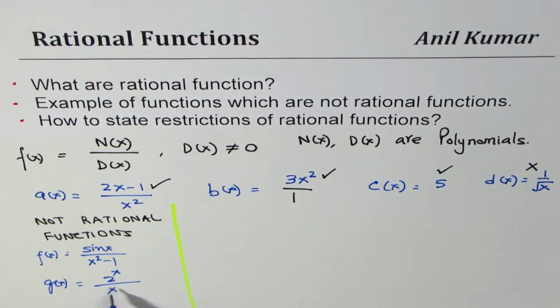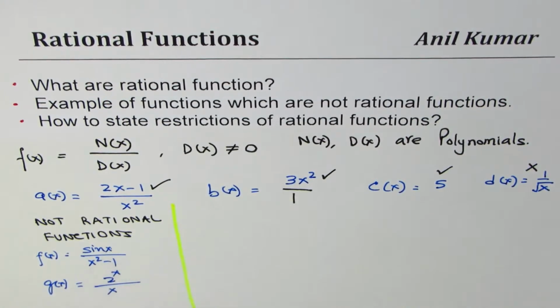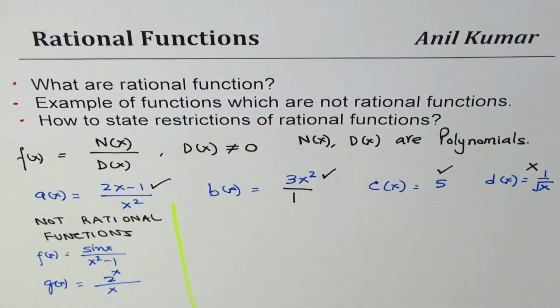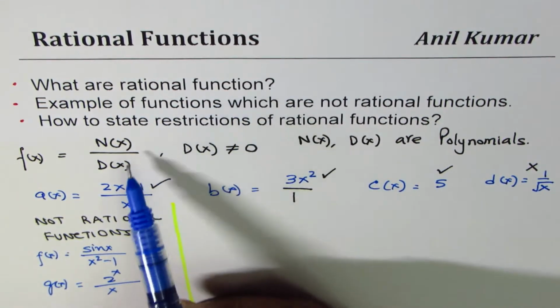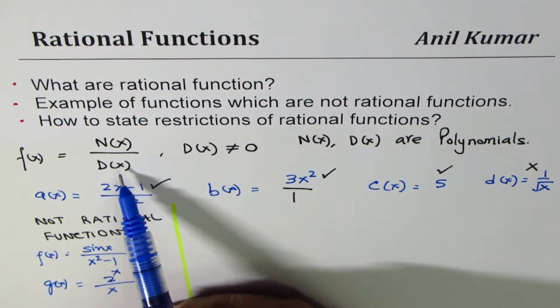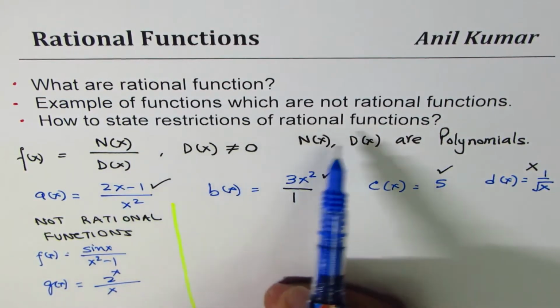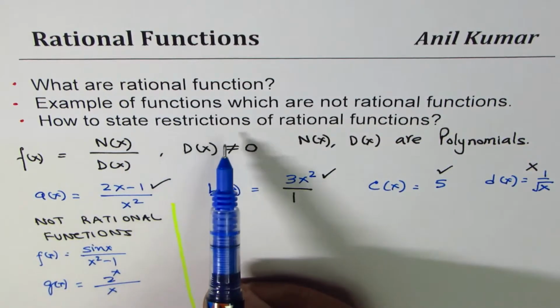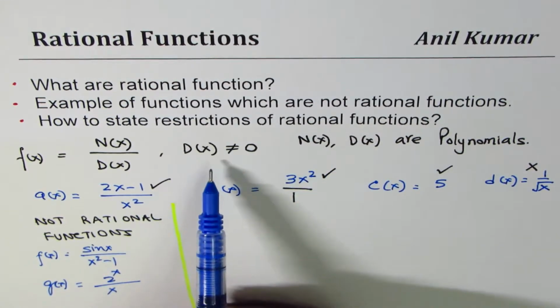This is also not rational. So these ones are not rational, correct? Since sine x is not a polynomial, nor is 2 to the power of x. So they are ratios of two functions, but not ratios of two polynomial functions. Correct? So I hope this point is well taken care of. A rational function is a ratio of two polynomials. The other polynomial could be a constant, right? A constant is a polynomial.